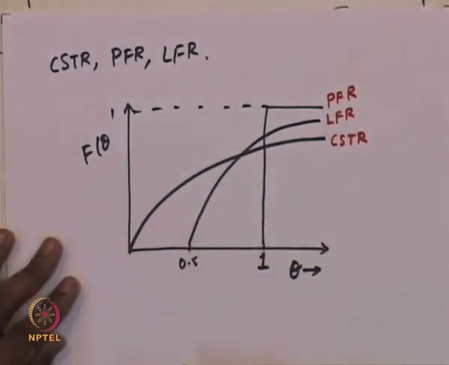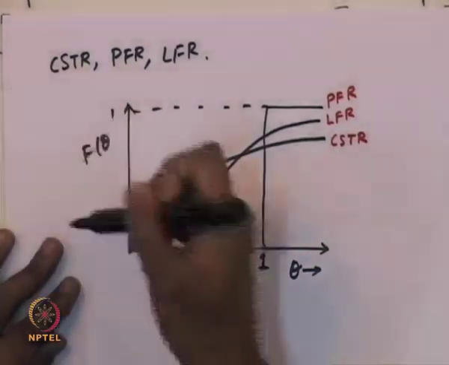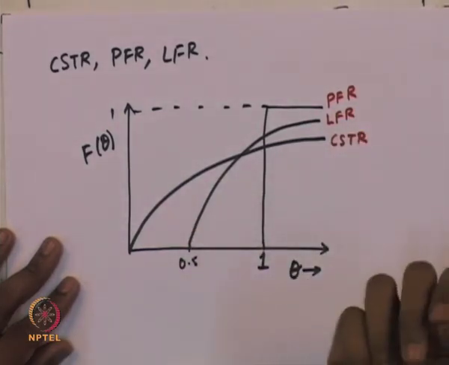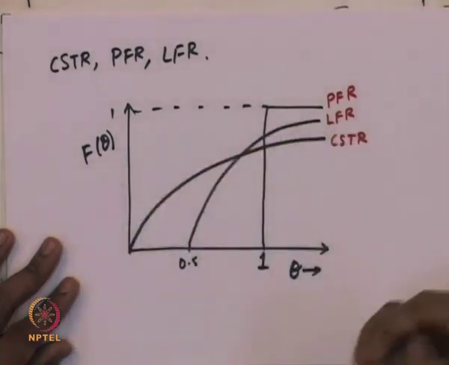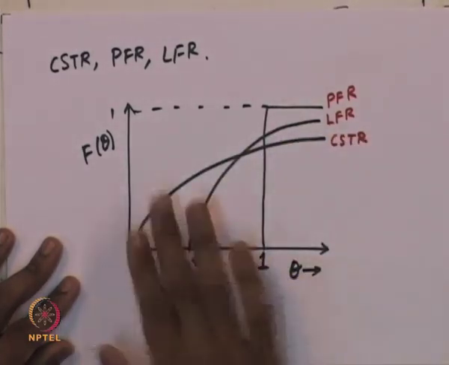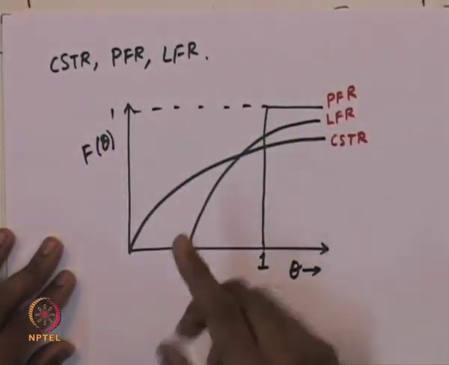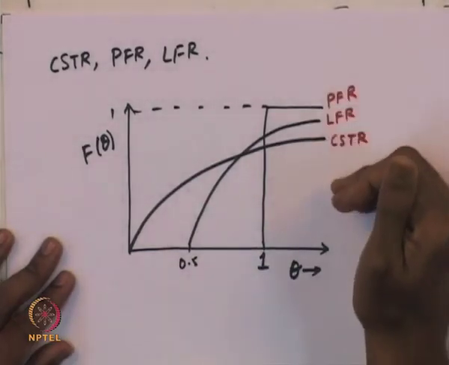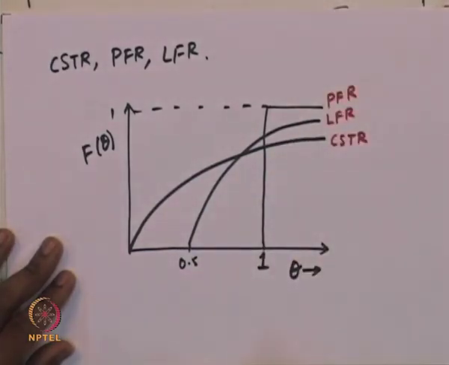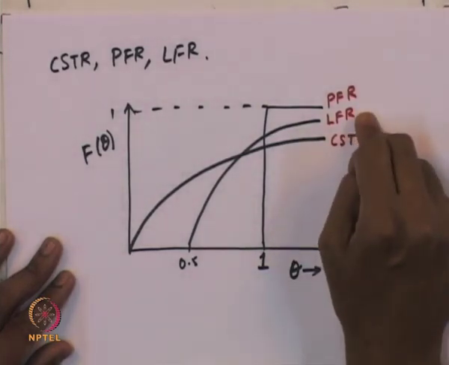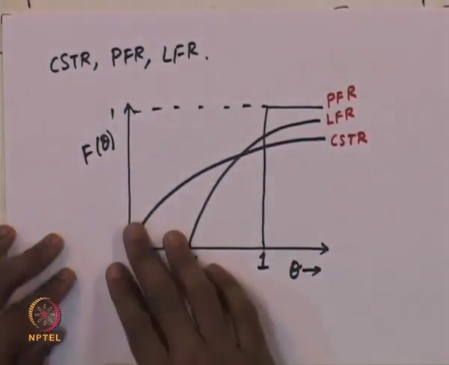So, if one estimates the F curve and the E curve experimentally, from the methods that we described earlier, that is if we use a pulse or a step input, and finds out the F curve for the reactor, then by simply making a comparison with this chart, one can estimate which of these three reactors the real reactor is close to, that is the CSTR, the laminar flow reactor or the plug flow reactor.